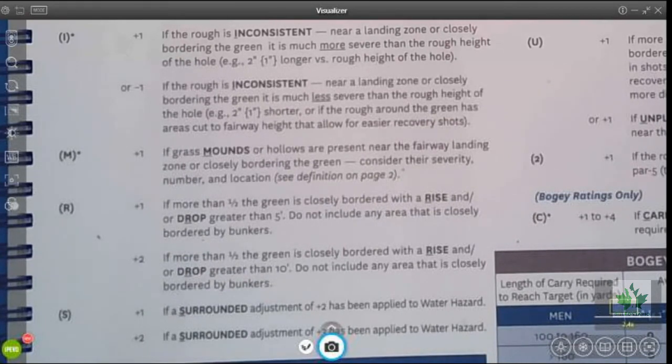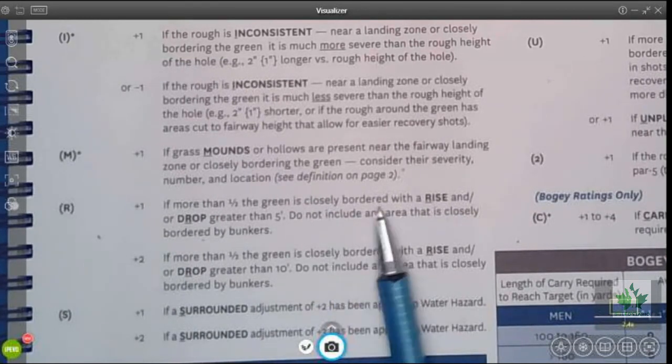And so this adjustment excludes rises and drops that are in bunkers, because the bunker depth adjustment, as you know, will take care of that. So it has to be at least a half of the green excluding the bunker. So if you've got a situation where half the green is already surrounded by bunkers, you can't possibly have rise or drop. There's not a half of the green's perimeter left to rise or drop.